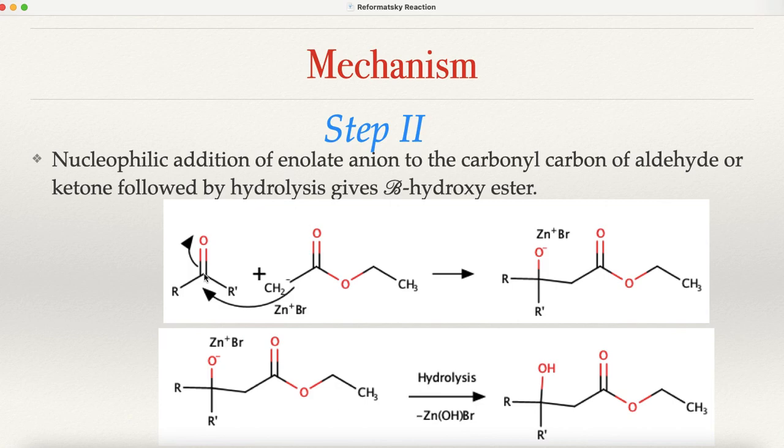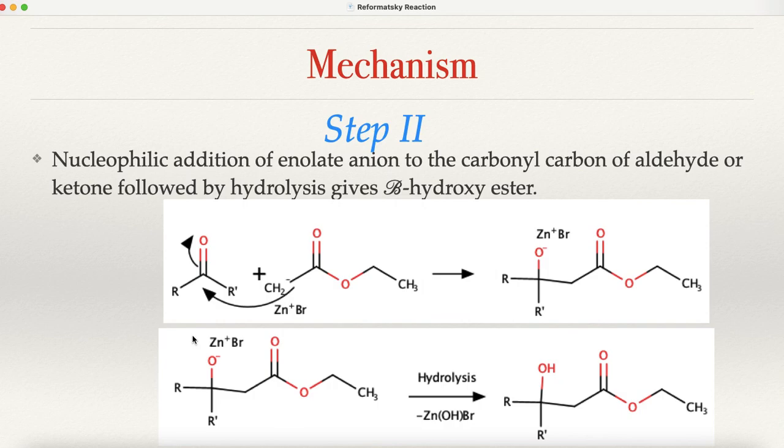There is the formation of a new bond at the carbonyl carbon, and breaking of the carbon oxygen double bond leads to a negative charge on the oxygen, forming this product, which on hydrolysis leads to the formation of the beta hydroxy ester.